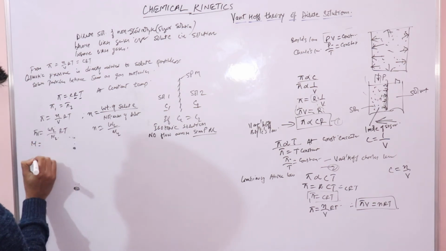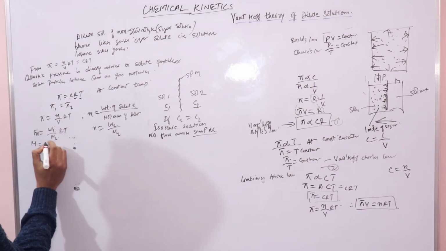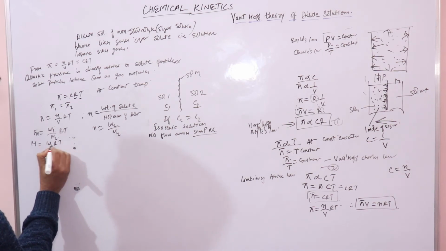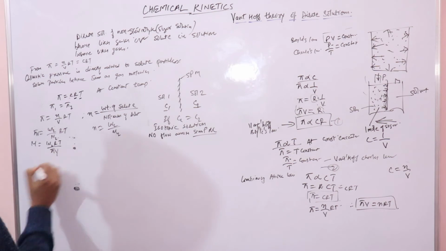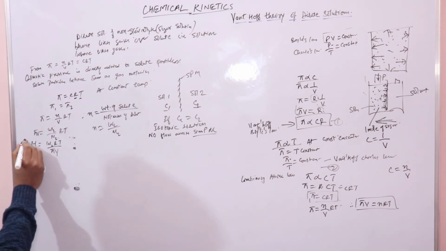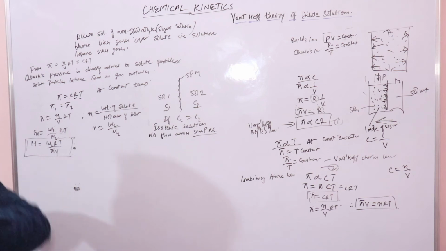So the molecular mass of solute would be W2 RT divided by pi V. Using this we can find the molecular mass of solute, and it's a colligative property.